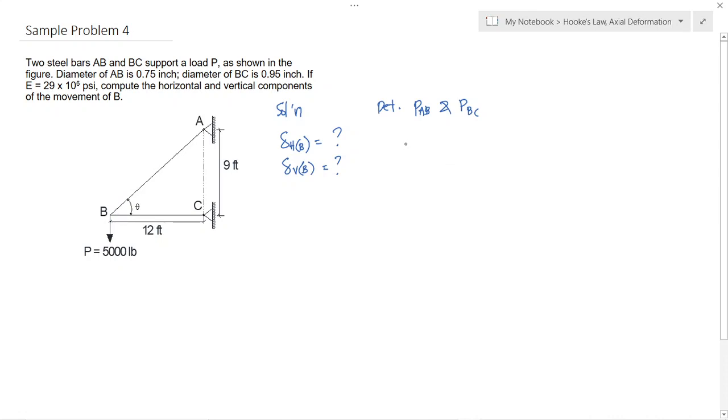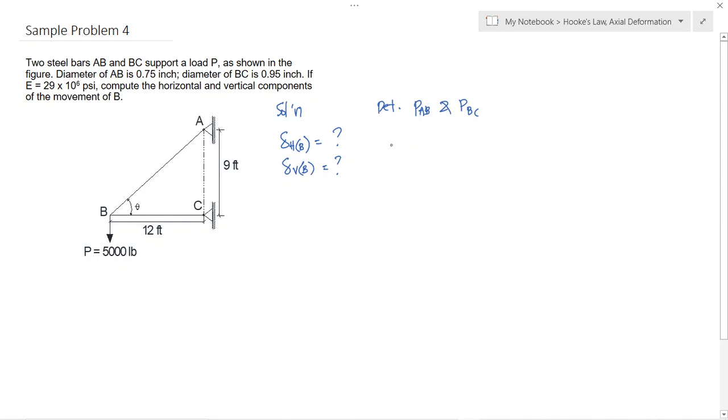PAB, obviously, is in tension and BC is in compression. Anyway, class, you will realize after you get the magnitudes whether your assumption is correct.